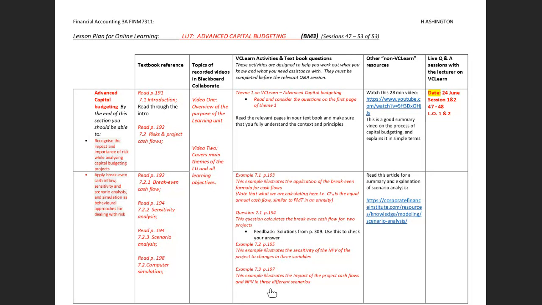And so we do what we call what-if analyses. And this is done a lot in business. It's usually referred to as what-if analysis.